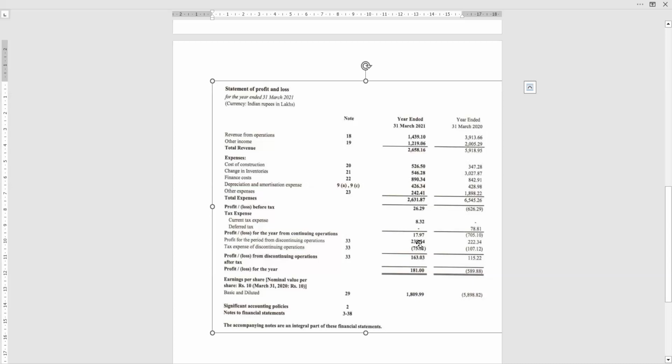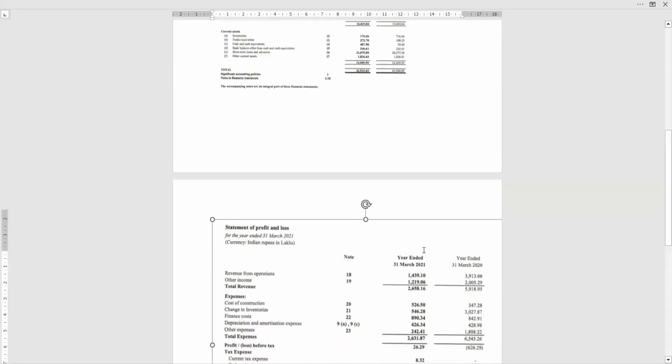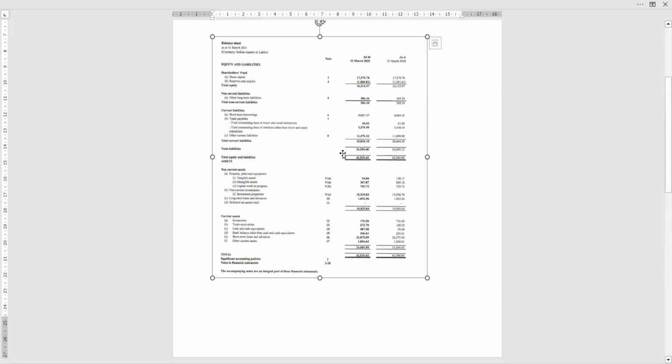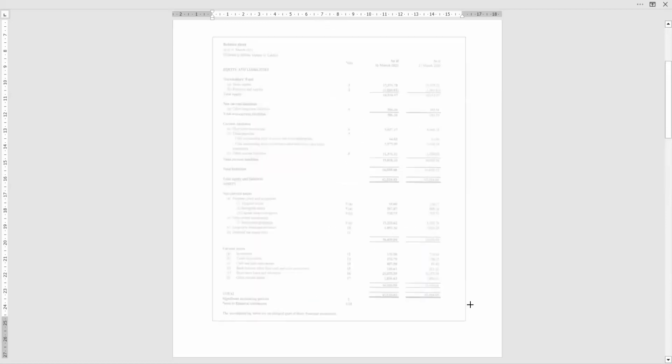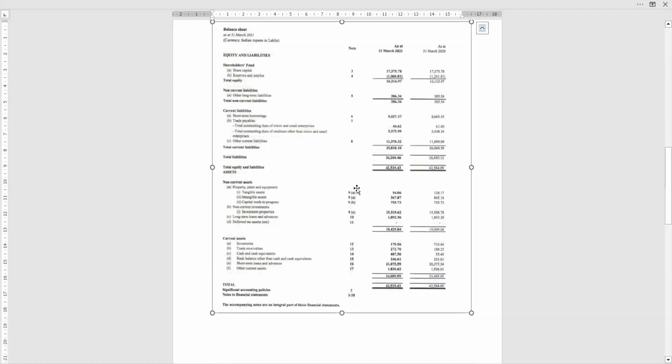And the tax expense, we have given how much tax will apply for 238 rupees in lakhs. You see here, it is rupees in lakhs. Same way in the balance sheet also, because as of that particular year, that business was not sold. It was only just agreed. We were awaiting the NCLT order.